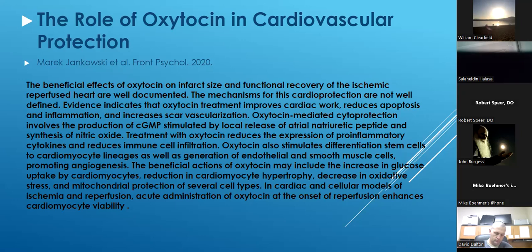It prevents the reperfusion injury, whether during stroke management, during myocardial infarction, or in general during the management of cardiovascular events. So oxytocin does have that kind of protection, and it helps to neutralize those free radicals.